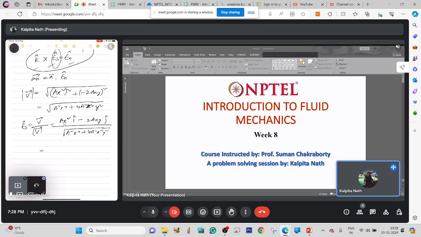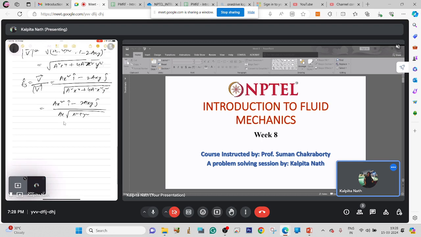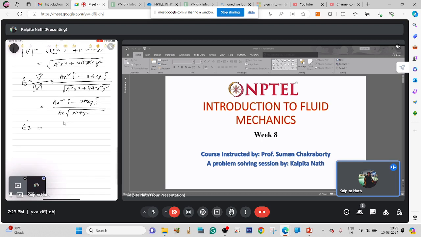So this will be a x square I cap minus 2 a x y j cap upon a x root over x square plus 4y square. So epsilon s cap is equal to x upon root over x square plus 4y square I cap minus 2y upon root over x square plus 4y square j cap.